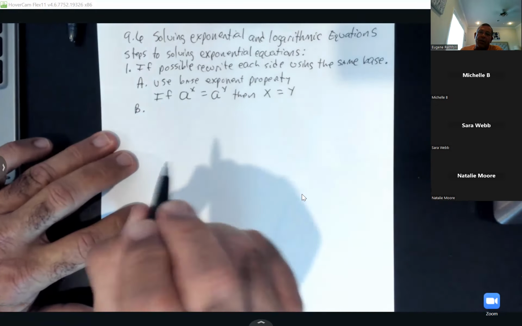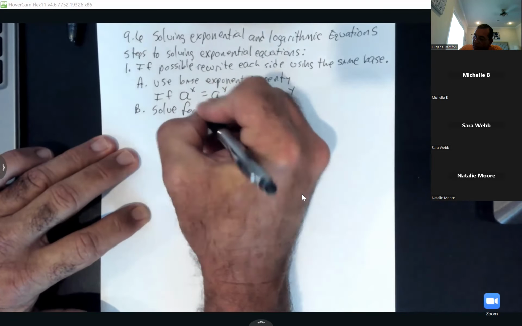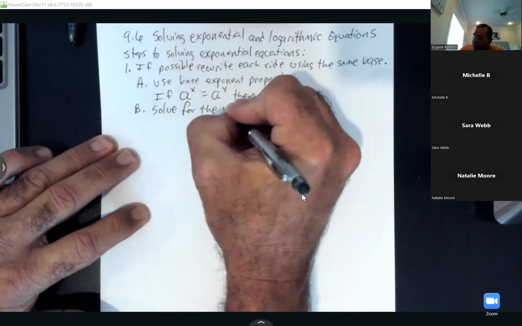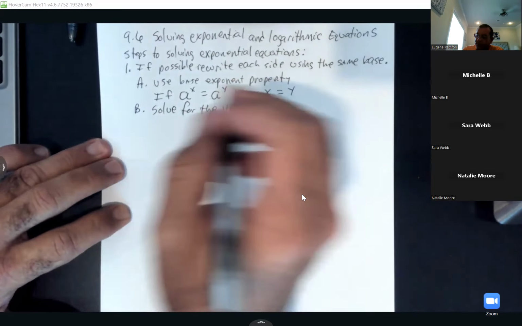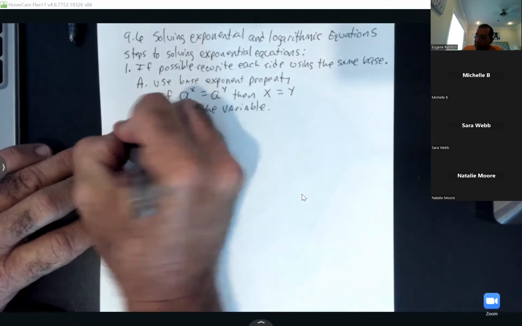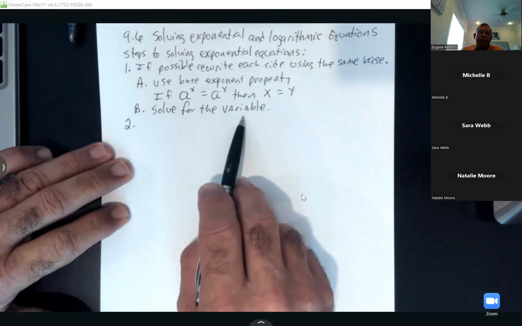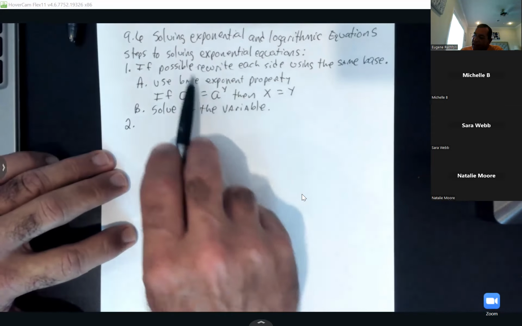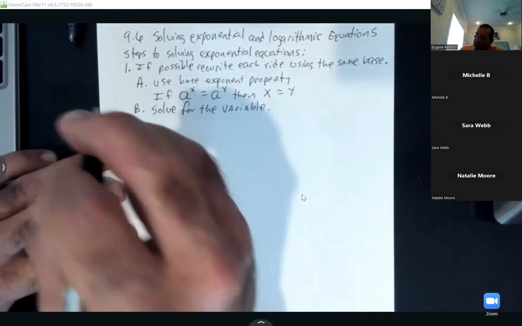And y'all, once I do that, I just solve for the variable. Then I'd be done once I solve for that variable. So easiest thing is to hope that we can rewrite each side using the same base.